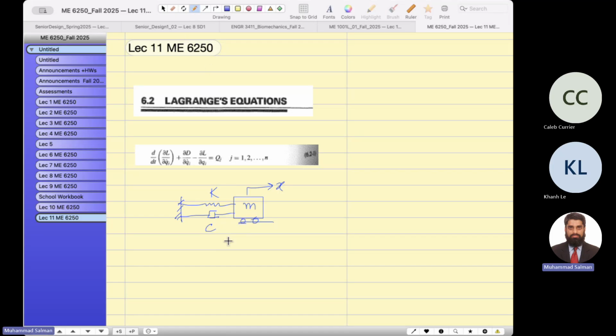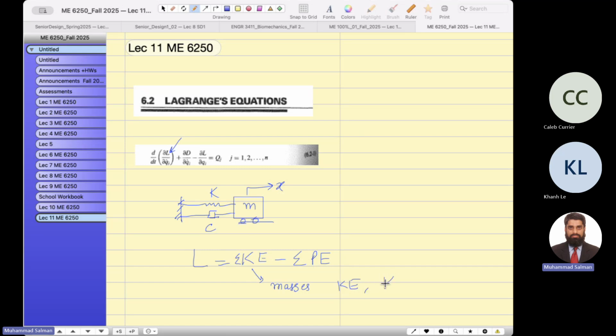So let's see what is Lagrange. L, what does this L stand for? L stands for all the kinetic energy minus all the potential energy. Kinetic energies are possessed by masses, so all the masses have kinetic energies.